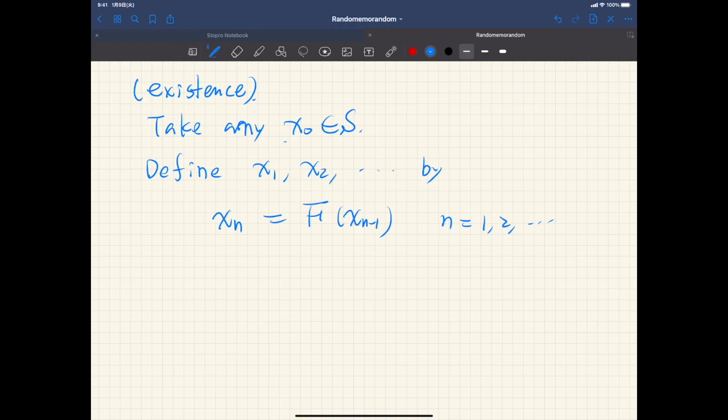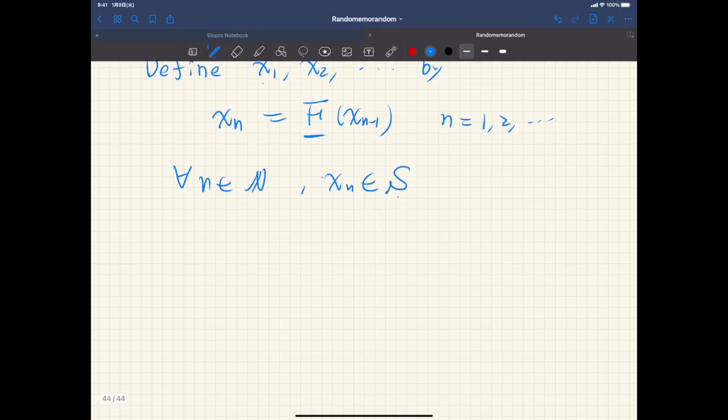So we pick an initial value arbitrarily, then define the next value by applying f, and repeat this over and over. Clearly, because the codomain of f is S, for all natural numbers n, xn is an element of S, which is both the domain and codomain of the mapping f.